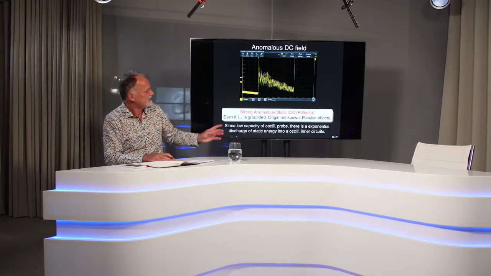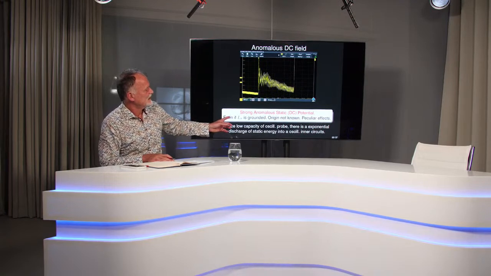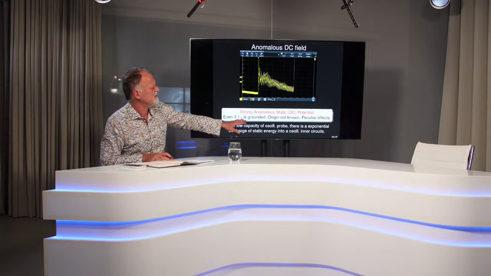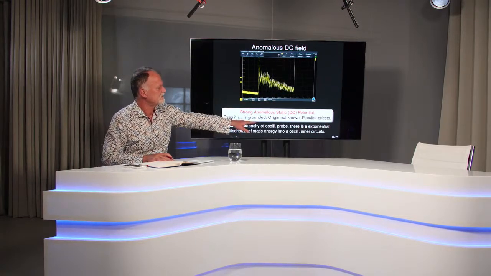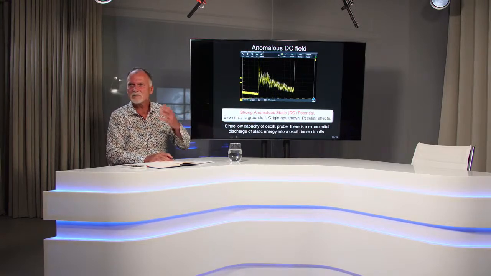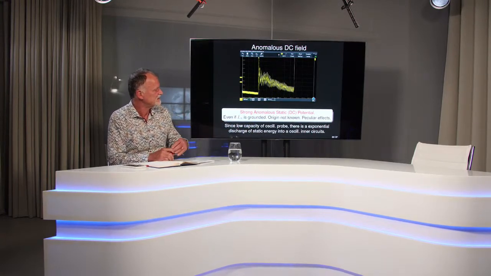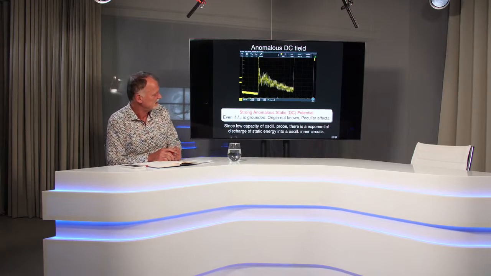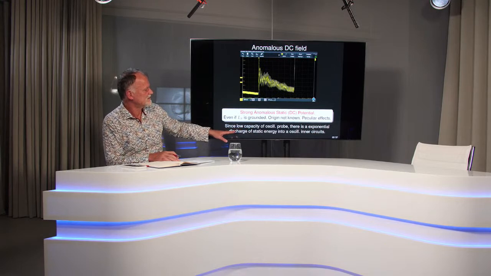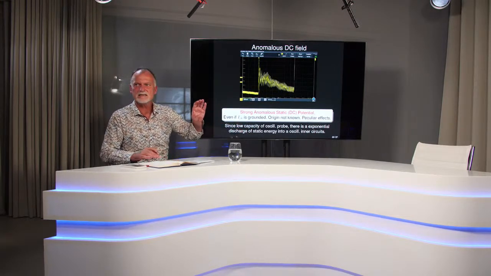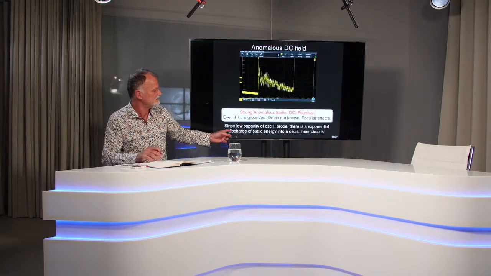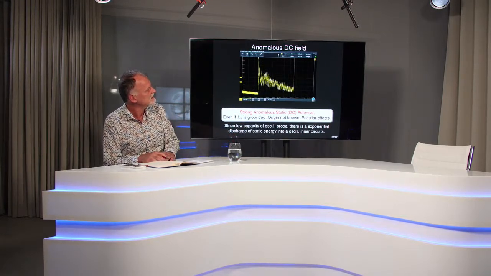And we see this even if the secondary coil is grounded, so the origin of this DC potential, in my opinion, is not known. It generates very peculiar effects, and we can measure this DC potential with a capacitive divider. I will show this in the next slide.